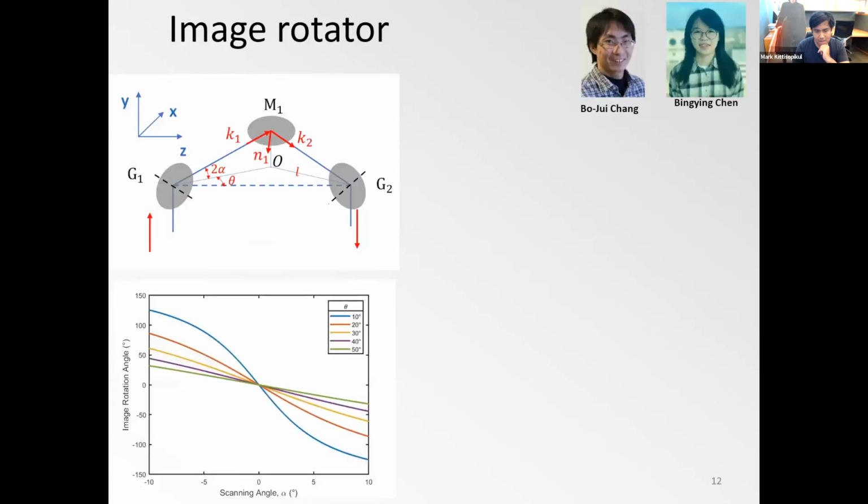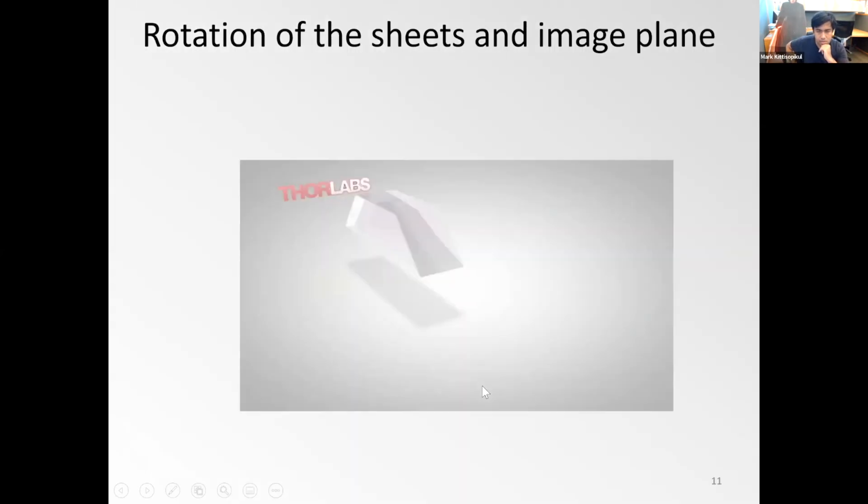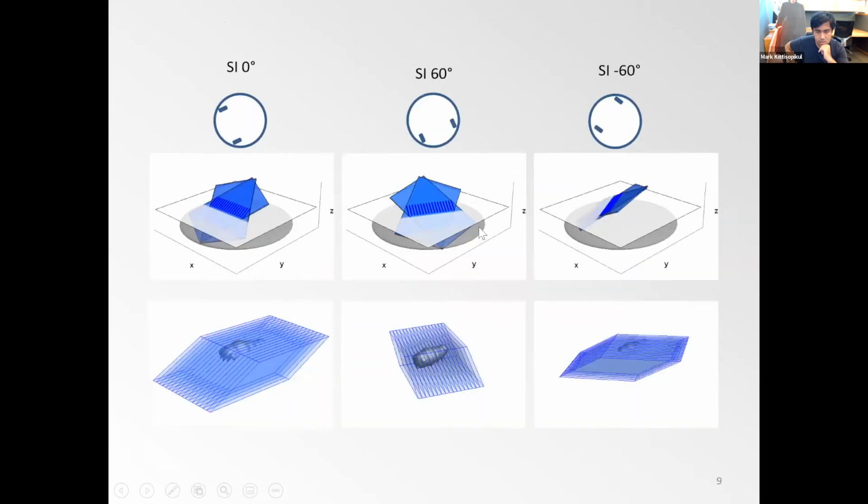So you can imagine the image rotator doesn't care what comes in. It could be this peace sign or whatever you call it, or it could be the pupil, which has, you know, not everything, but just at some rotation, a dot or a line. And so the image rotator just rotates whatever comes in. So if this comes in and you rotate by 60 degrees, then it creates the rotated version in the pupil.